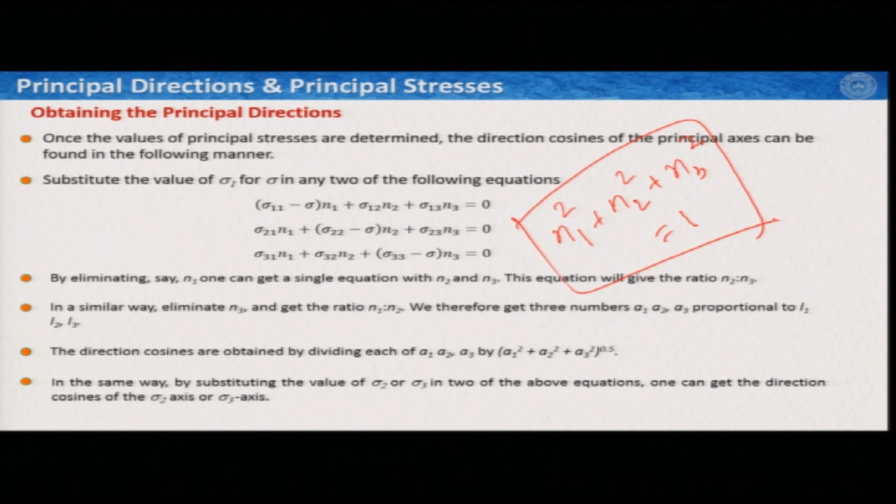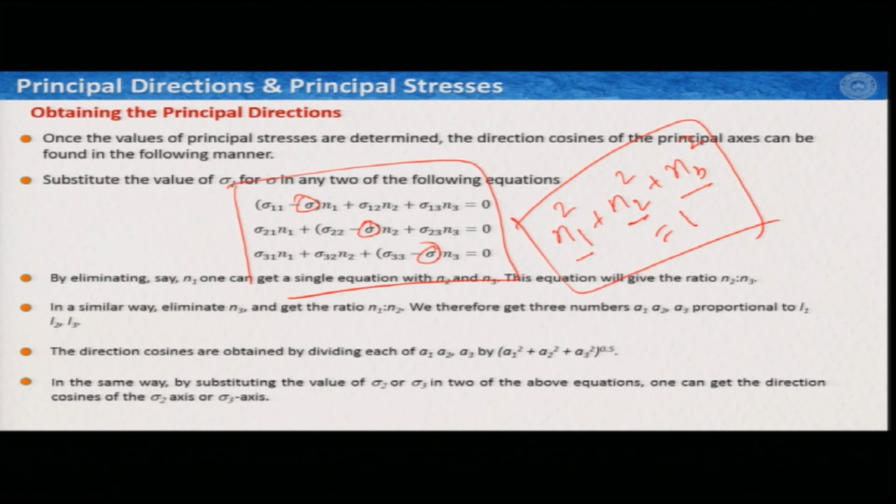Using this equation and these three equations where your sigmas are known, for each of sigma 1, sigma 2 and sigma 3, you can get the values of n1, n2 and n3. The instructions are given here, and also you have these stress invariants.